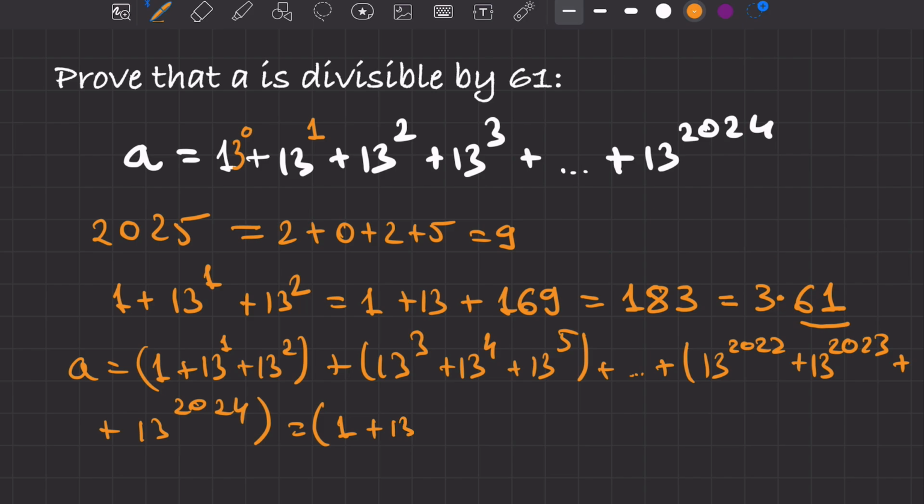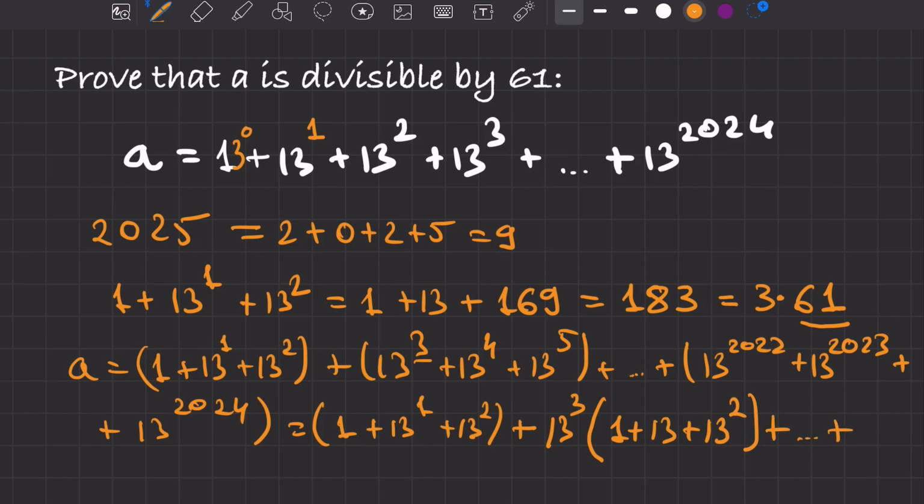Now we take again the first parenthesis, 1 plus 13 to the power of 1 plus 13 squared, plus, and here we give a common factor, 13 to the greatest power, which is the third power, 13 to the power of 3, and we are left in the parenthesis with 1 plus 13 plus 13 squared, plus, and so on.